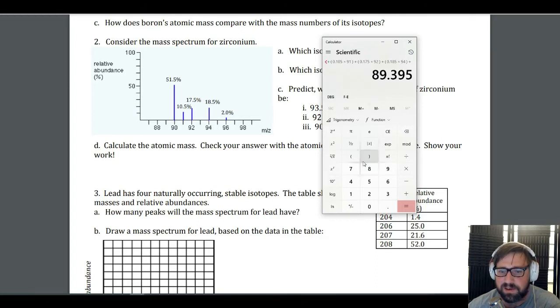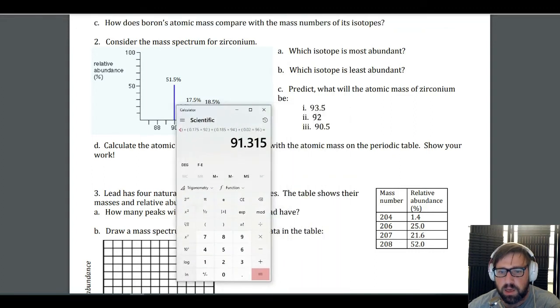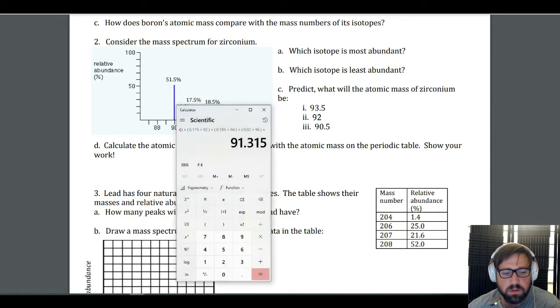Looking at this now. 0.02 times 96. 91.3. So it is going to be 92.